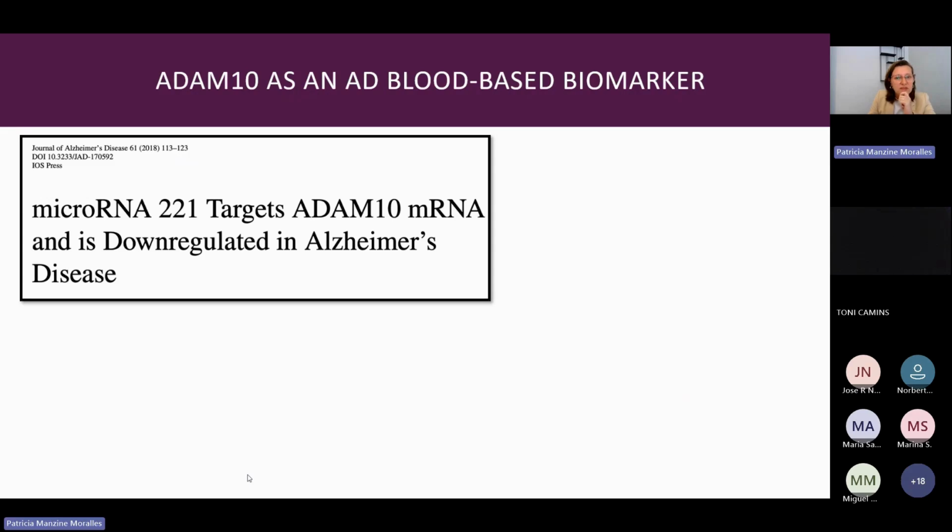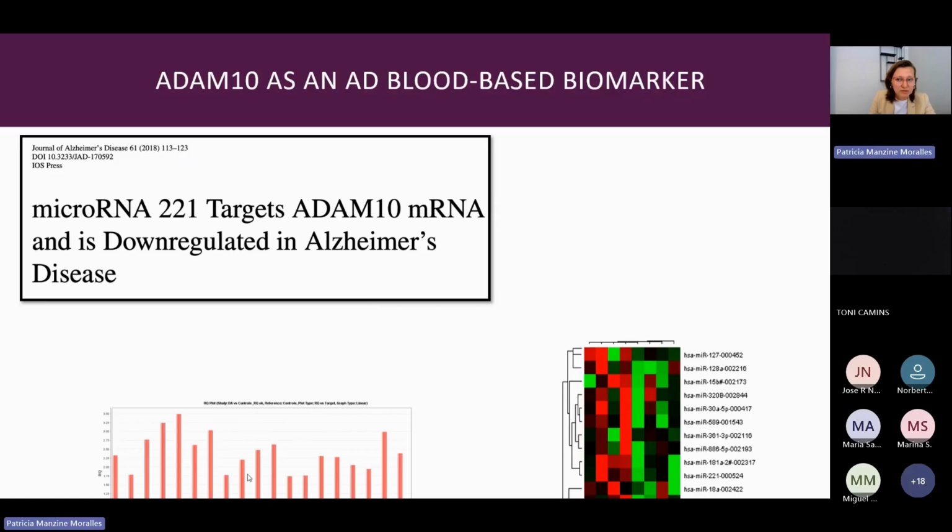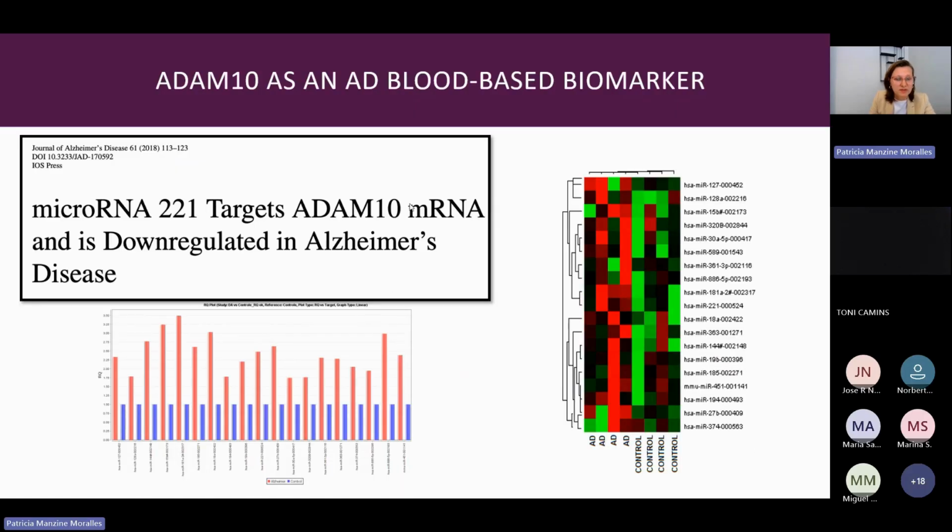Trying to investigate other possible regulations involved in ADAM10 levels, I started researching the expression of microRNAs in whole blood of people with Alzheimer's disease compared with cognitively unimpaired subjects. In this study, published in the Journal of Alzheimer's Disease, we performed a huge screening looking at about 700 microRNAs.